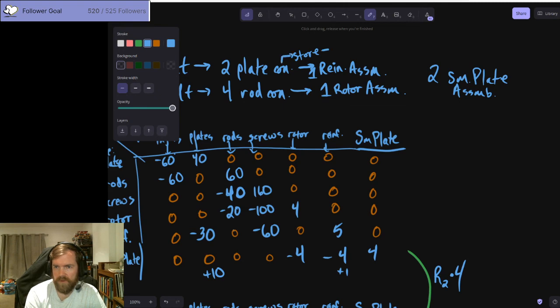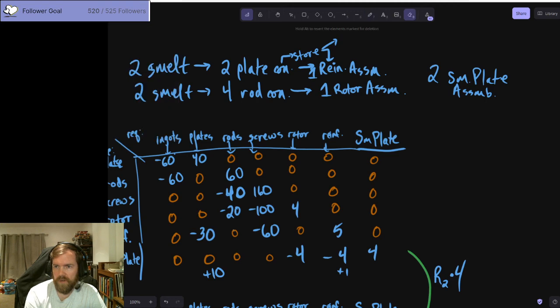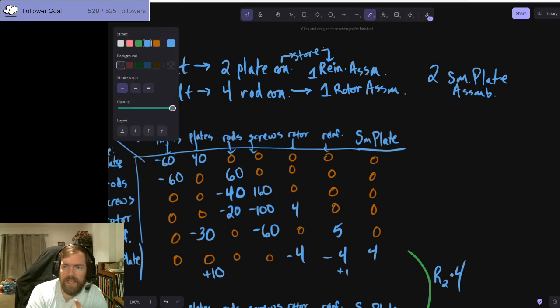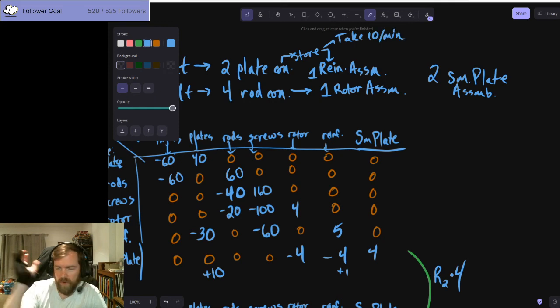Right, the plate constructor will have 2. It just goes to storage, right? But then we're going to take 10 per minute whenever we need it. So we're going to end up having stacks of 200 every 20 minutes.